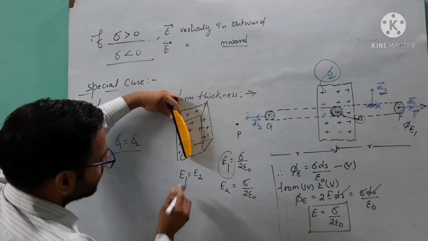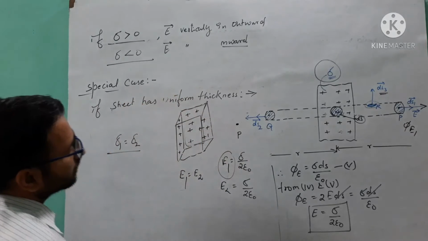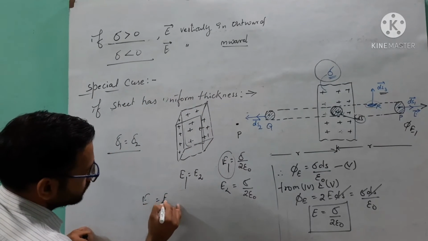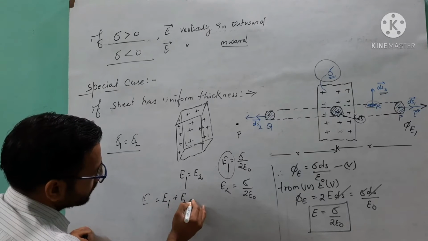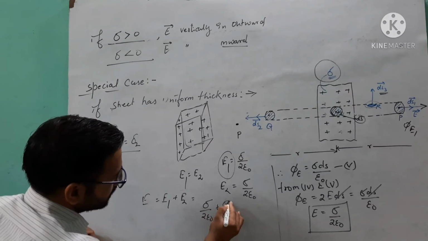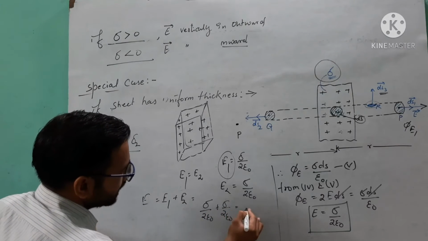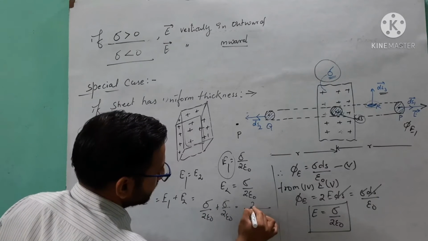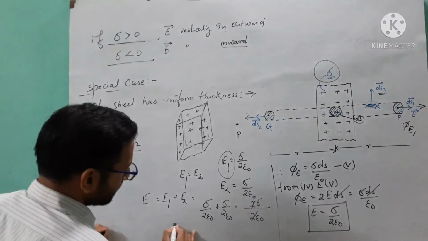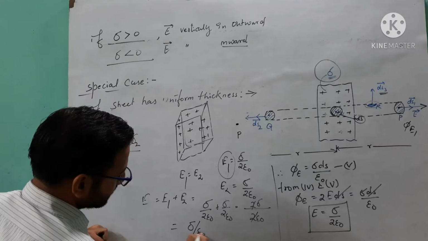So in this condition the total electric field will be E is equal to E1 plus E2, student, and this is equal to sigma over 2 epsilon naught plus sigma over 2 epsilon naught. By taking LCM we get 2 sigma, and by cancellation we get the final result, which is sigma over epsilon naught.